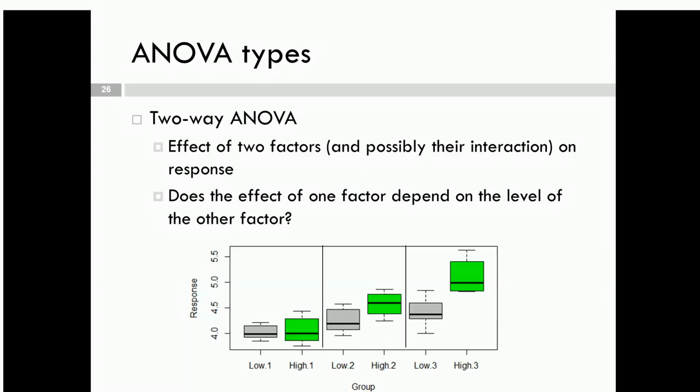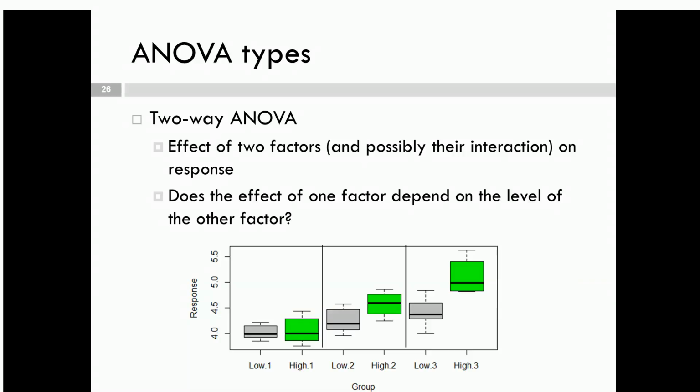But often we may be interested in the effect of 2 factors at the same time and possibly their interaction with one another on our response. So this essentially gets at the question of, does the effect of one predictor variable, like fertilizer, depend on the level of another factor? Maybe this would be, say, the amount of light that we grow our plants in. So we would have 2 different factors here.